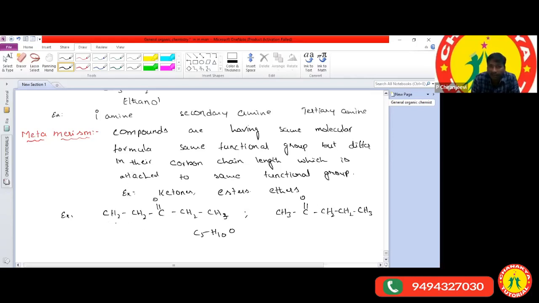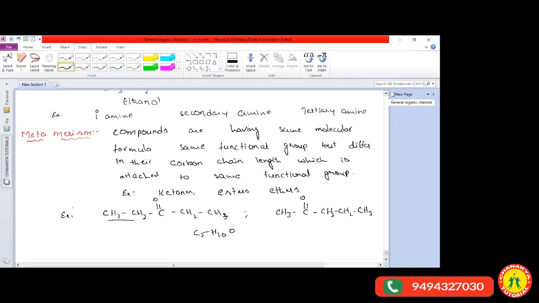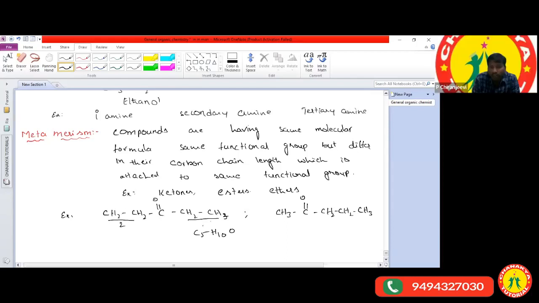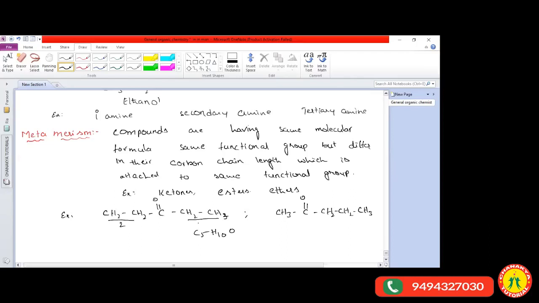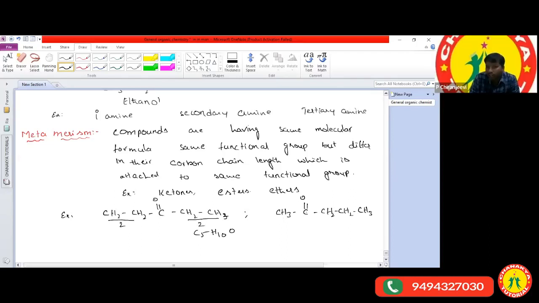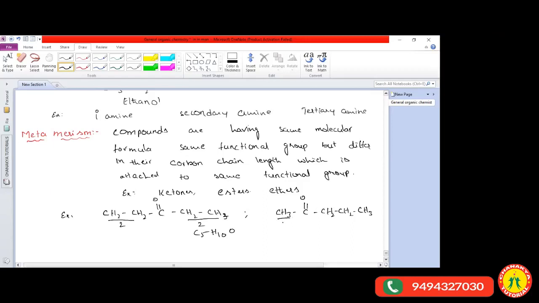Let us see. On the left side, how many carbon atoms are there in the first structure? 2. On the right side, how many carbon atoms? 2. Same. Now check the ketone functional group: left side, how many carbon atoms? 1. And right side? 3.